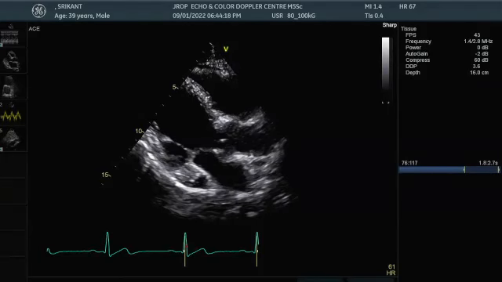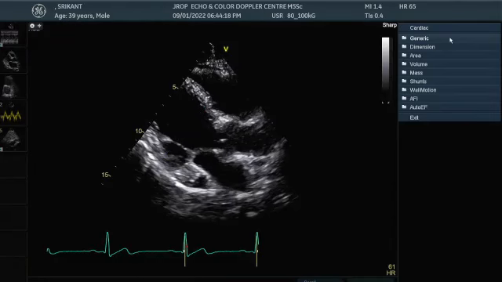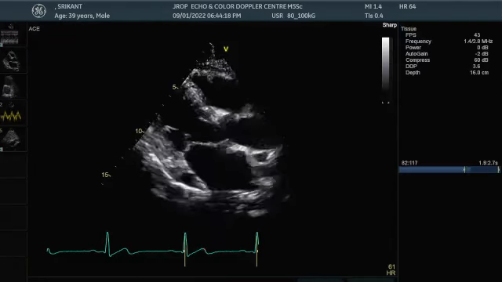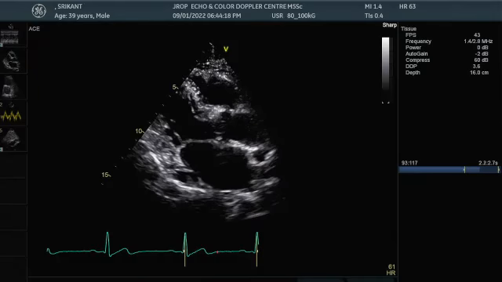Yes, sir. So look, it's a beginning of systole or end of diastole. So from this point to this point is my internal dimension of LV during diastole. Same thing if I scroll to systole, at the end of systole, this is my internal dimension at the end of systole.